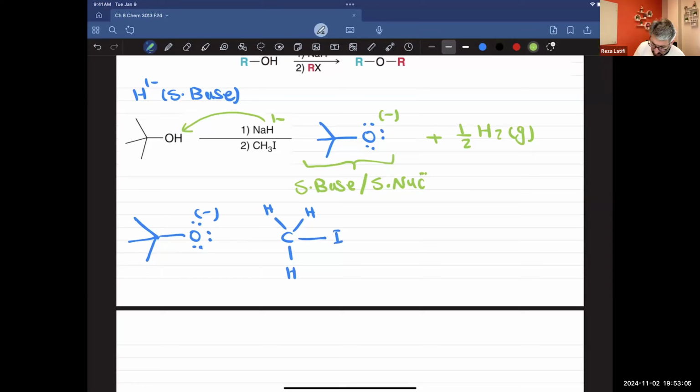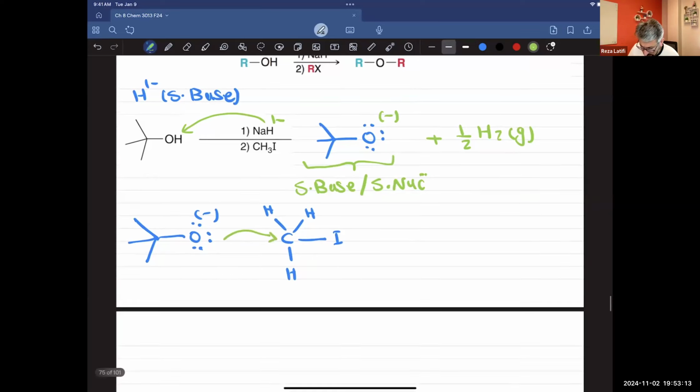So this oxygen will go after the carbon, and it will technically attack that carbon. So we will have addition, and that halide will take those 2 electrons, and it will leave the system as iodide. So we get ether, and on one side we will have tertiary butyl, and on the other side we will have CH3, plus I minus.